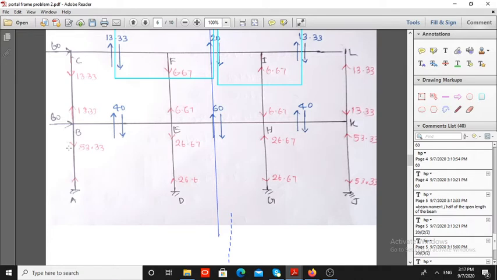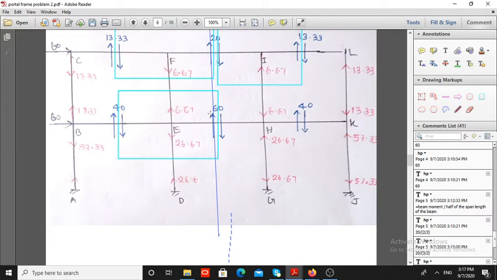This value is 13.33 upward and this is 40 kilonewton upward. So in order to make it 0, I had to add 53.33 in the downward direction. So here the condition sigma Fy equal to 0 is satisfied. Similarly, here also this is 6.67 and this is 40 downward. Here the values are 40 kilonewton beam shear downward, 6.67 column axial force upward, 26.67 kilonewton beam shear upward.